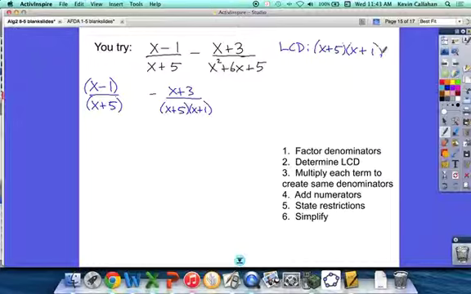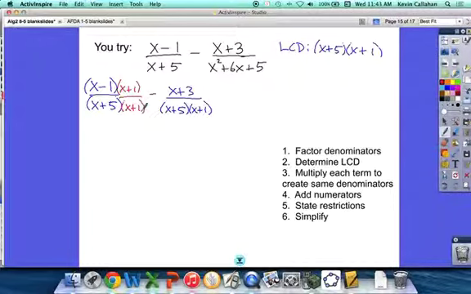And what will I multiply the first fraction by so that it has the same common denominator? I will multiply it by x plus 1, so x plus 1 over x plus 1.